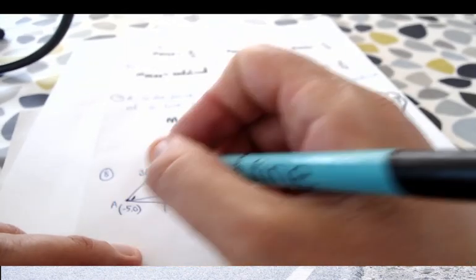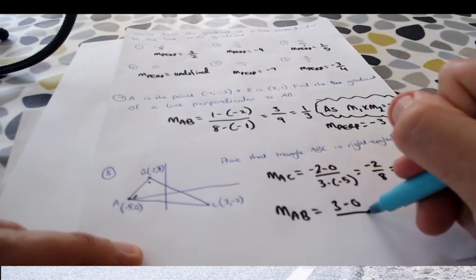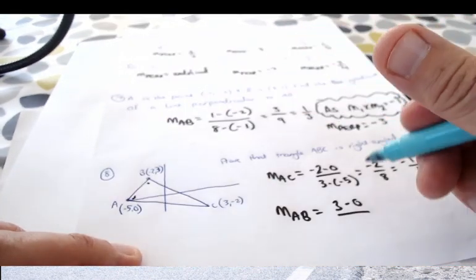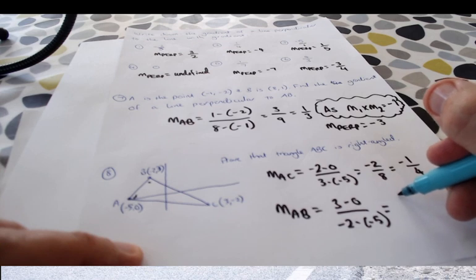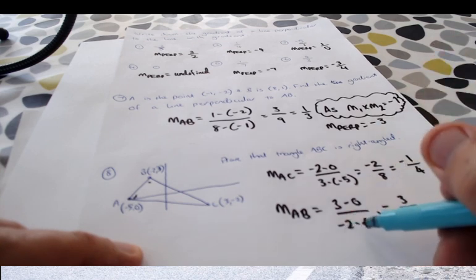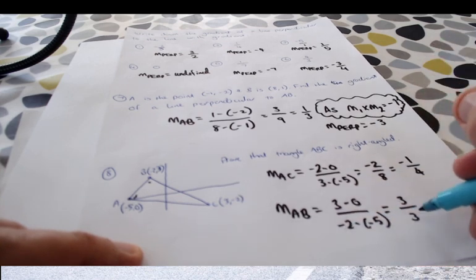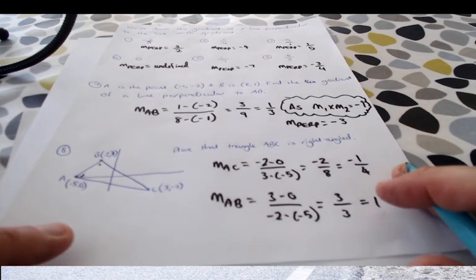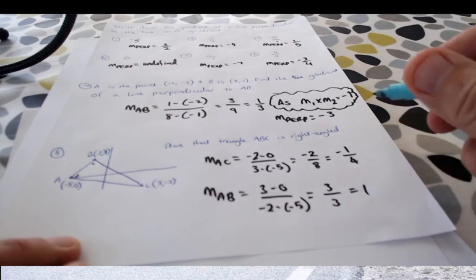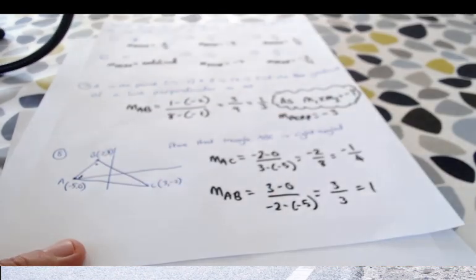That's 3 take away 0 over -2 take away -5, which is 3 over -2 add 5, so 3/3, which is 1. So I can tell that this is not right angled at A.